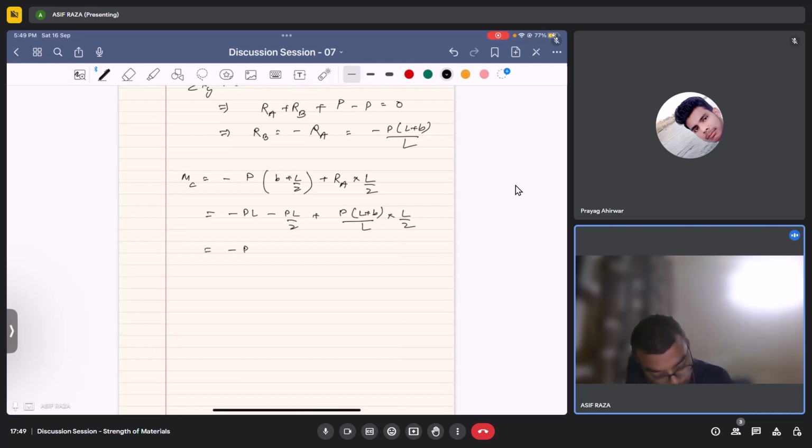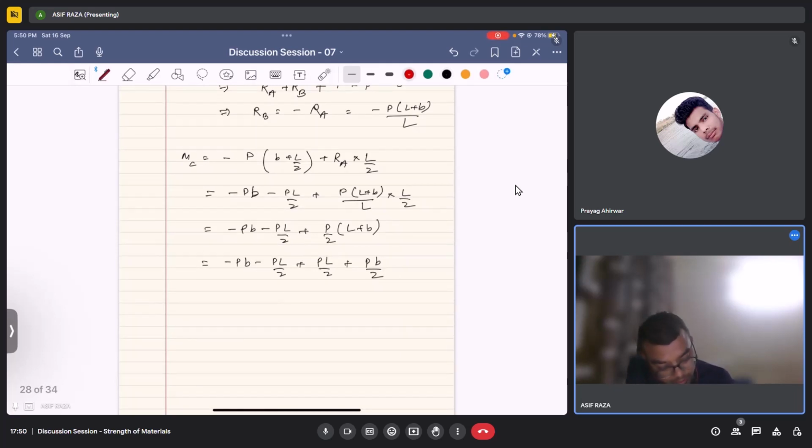That is minus PB minus PL by 2, plus PL by 2 plus PB by 2. So you see this cancels out. The remaining would be moment at C would be minus PB by 2.